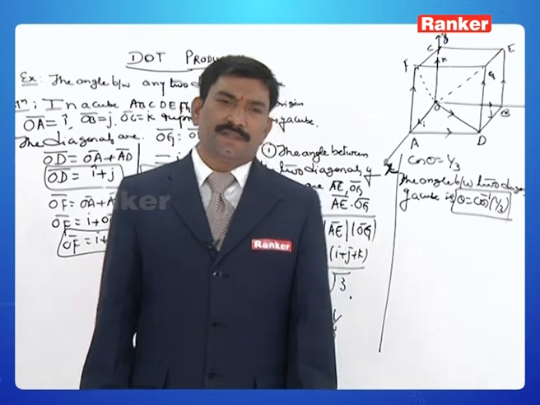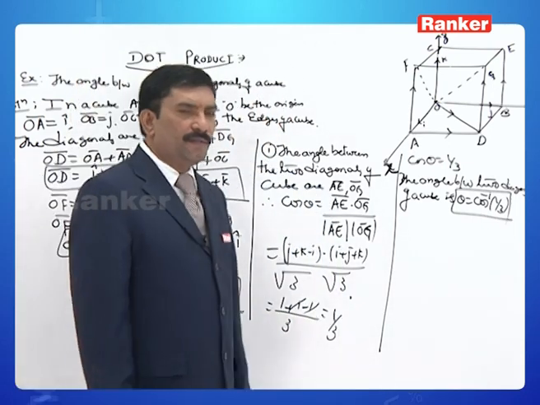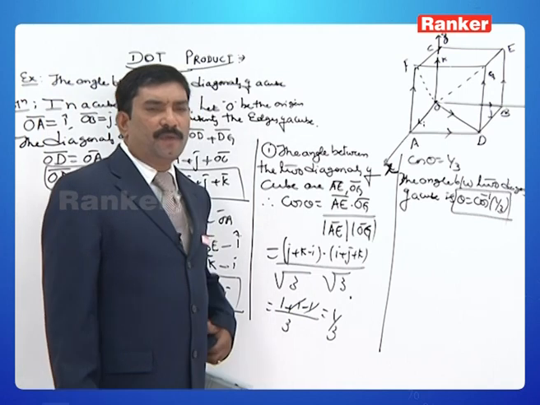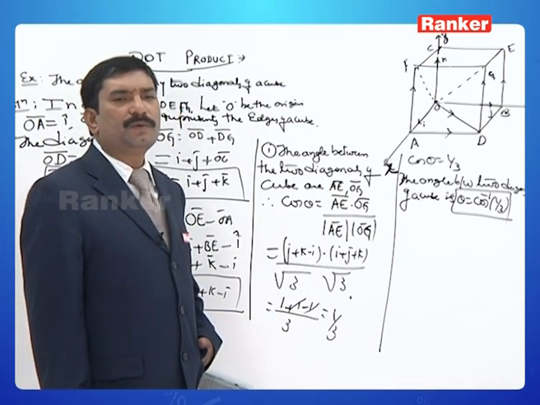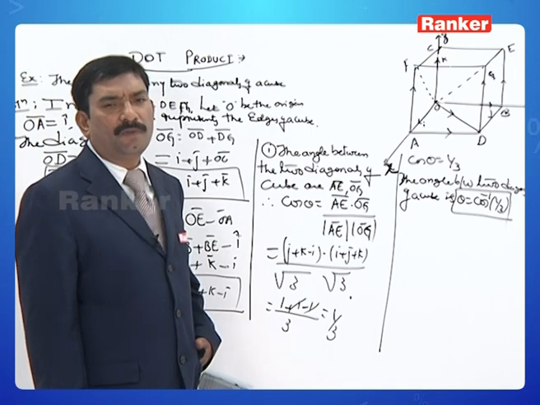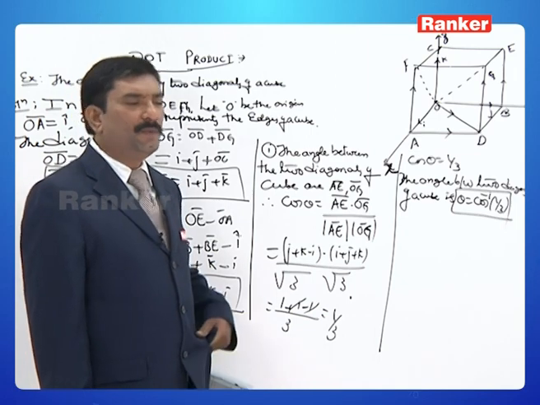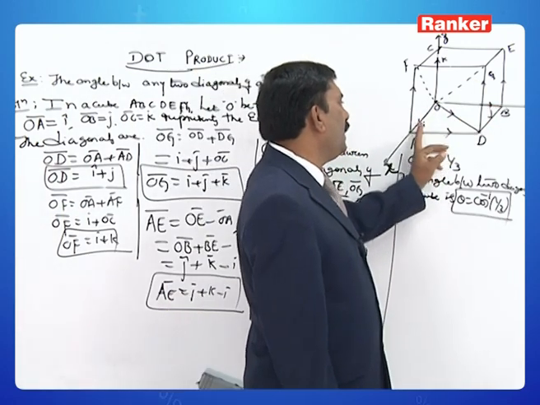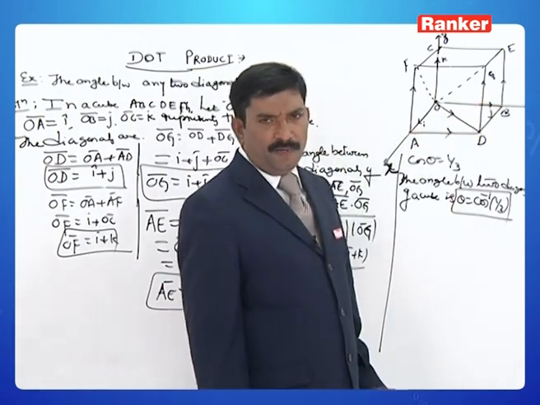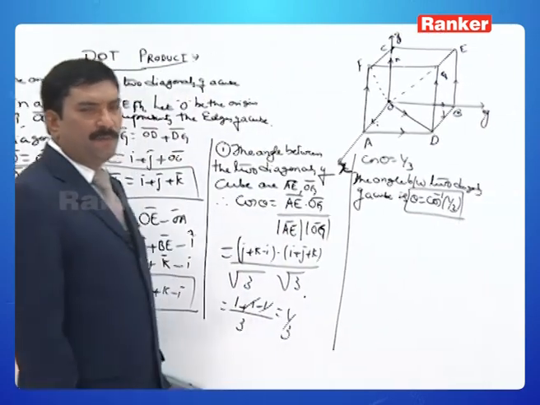So now students, this gives the proof of a special problem in dot product: the angle between any two diagonals of a cube. The two diagonals of a cube are OC bar and AE bar.